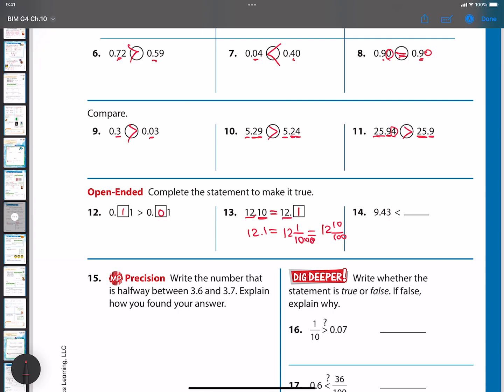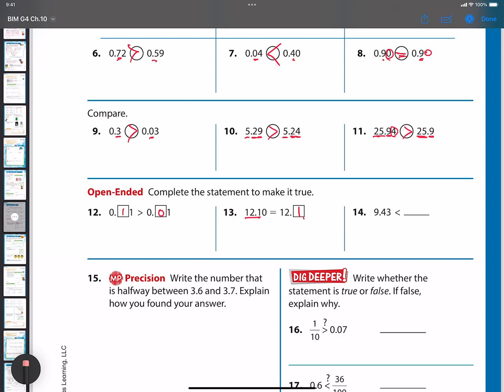Multiply by 10, multiply by 10, right? Multiplying the numerator and denominator by the same number gives an equivalent fraction. So after the decimal, this 0 doesn't have any meaning. Even though they have 3 or 4 zeros, that's the same as 12.1. Please understand that one.